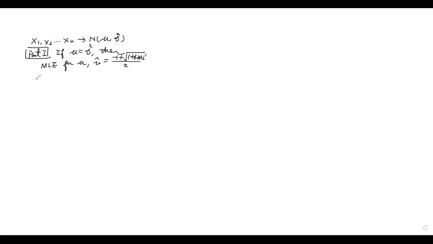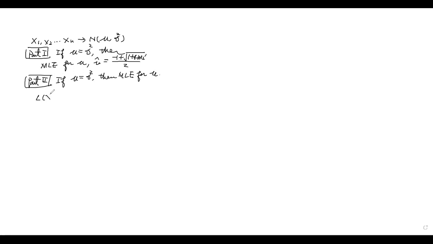Okay, so today we are going to take a look at another part of this problem, part 2. How about if mu is equal to sigma, then what is the MLE for mu here? Let's write down what our likelihood function is.